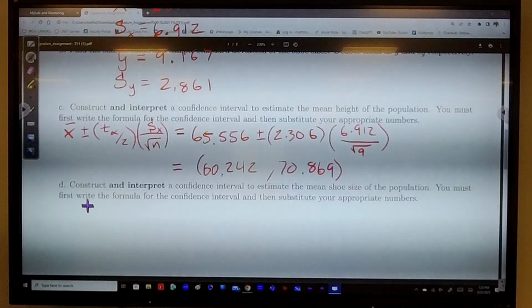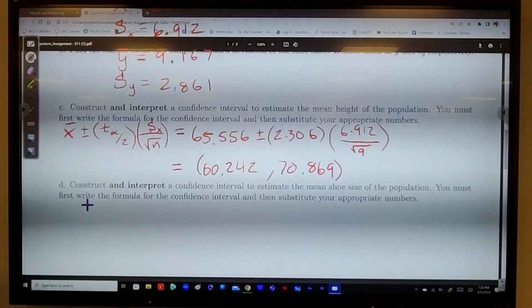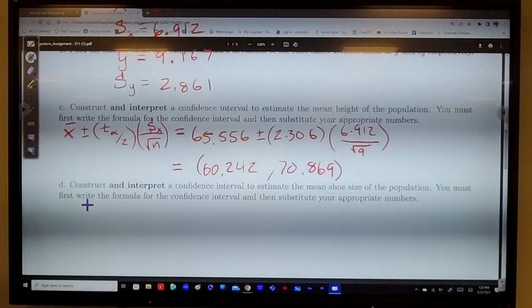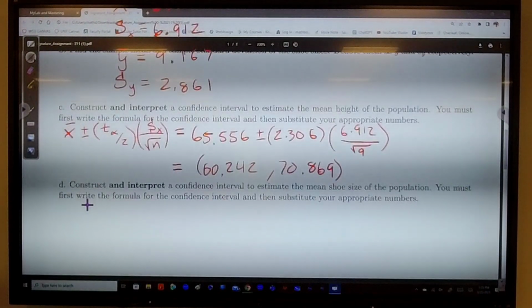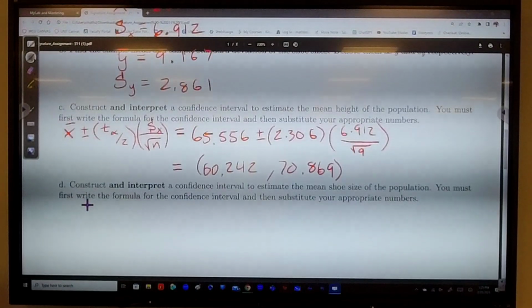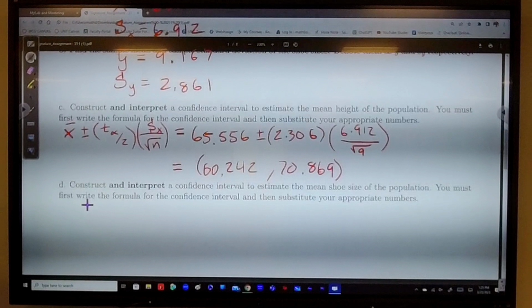Construct and, we didn't interpret. The interpretation would be, what do you think?